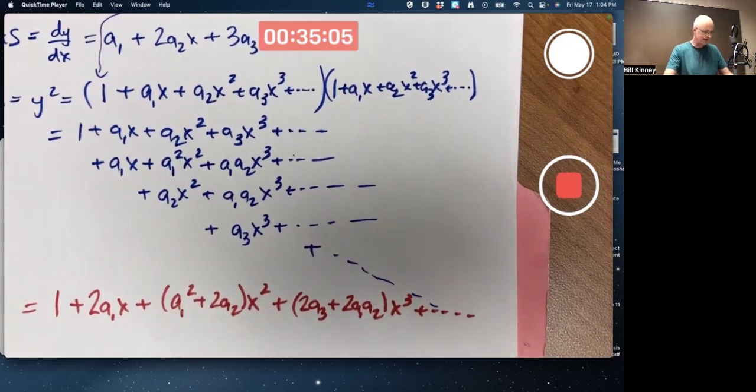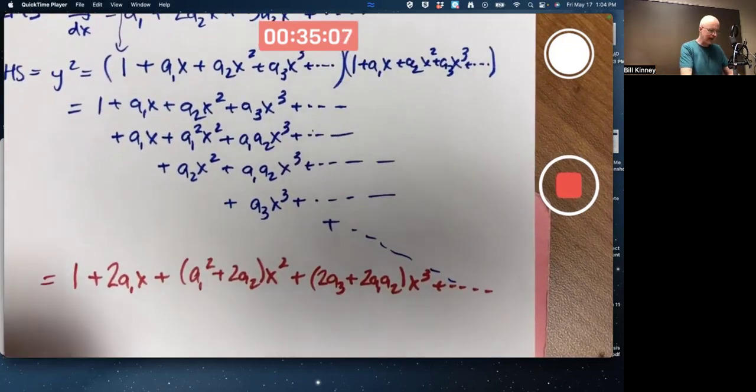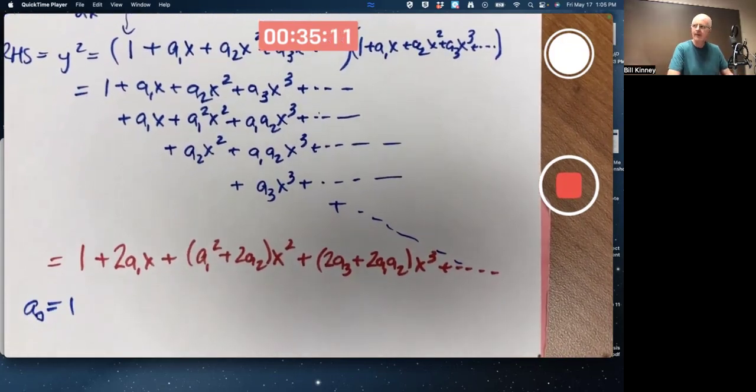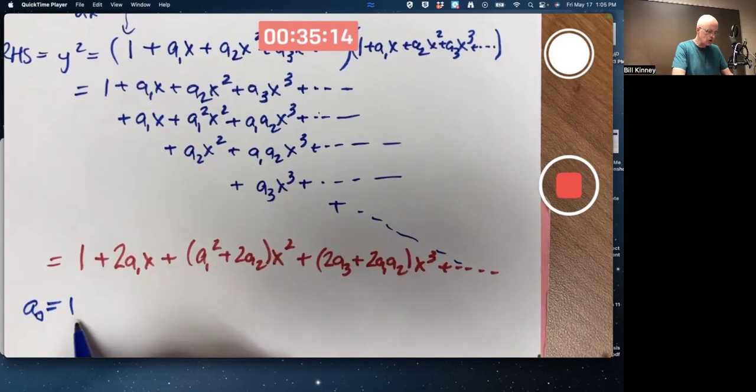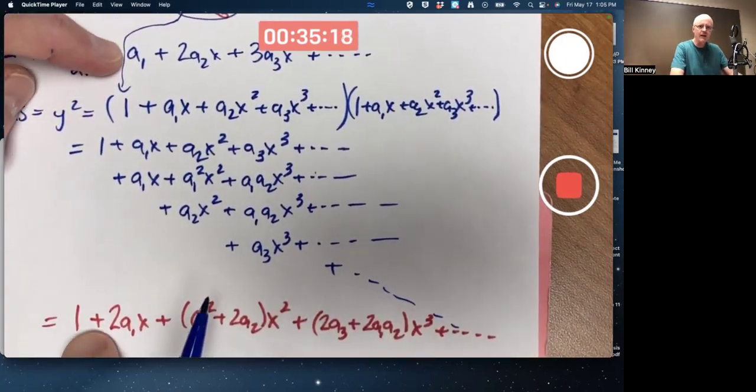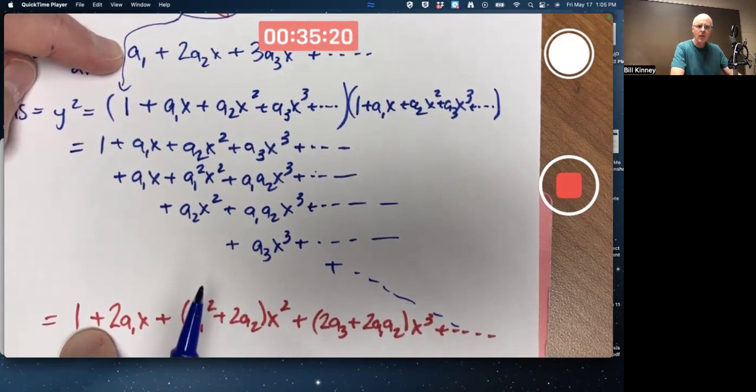So what do I get from all this? I already knew that a0 was 1. Something new now is I also know a1 is 1. These have to match here and here. a1 must be 1.